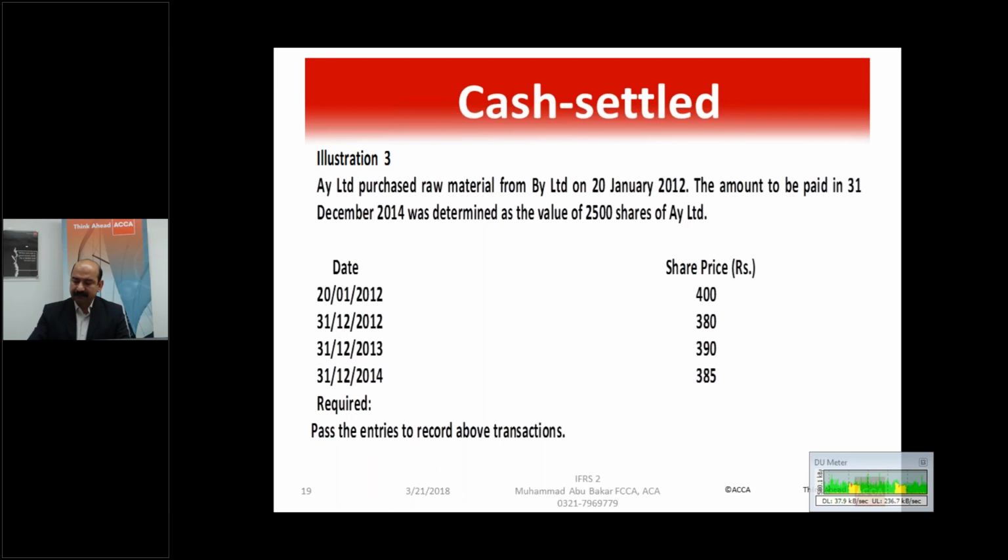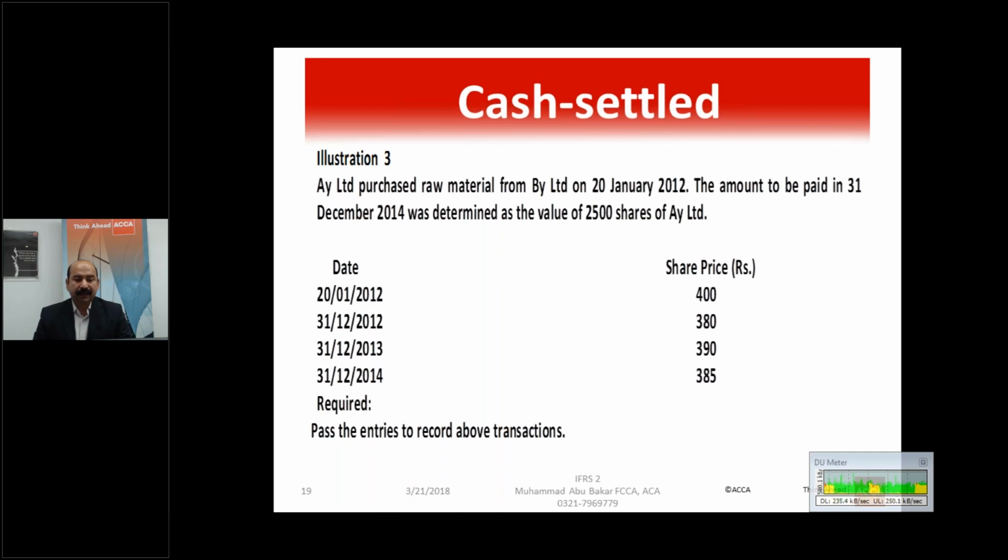This will give you 50,000. Your liability will be reduced by this 50,000. On 31st December 2012, your entry will be debit liability by 50,000 and credit profit and loss account 50,000. Meaning at the end of 31st December 2012, your liability is now 950,000. Please keep it in mind. Your liability is now 950,000 due to the change in the fair value.